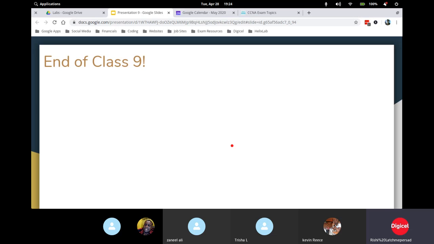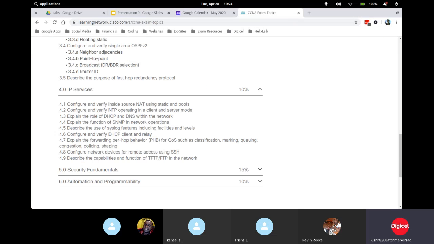So in this class, we went over NTP, DHCP and DNS, SNMP, syslog, and then DHCP clients and relays. They pulled out DHCP servers, that's what I'm remembering. They had servers here at one point, but they only have clients and relays now. So it's just two commands to put in for that. But we did go over a server setup in one of the labs.